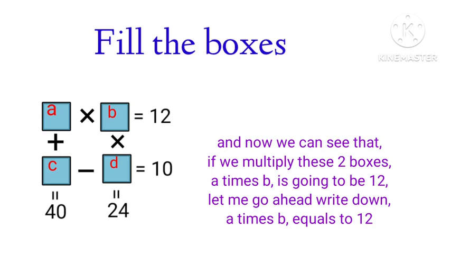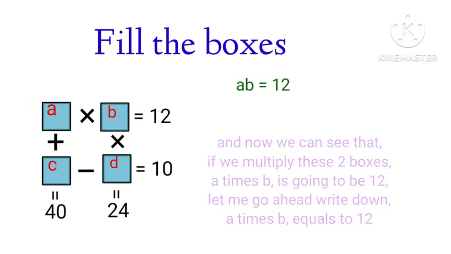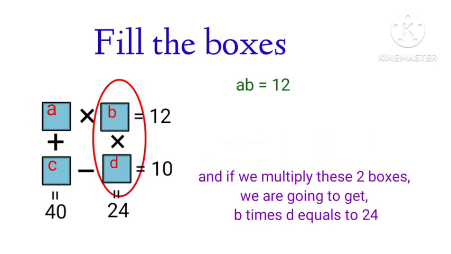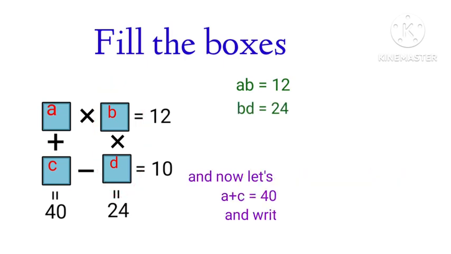Now we can see that if we multiply these 2 boxes, A times B is going to be 12. Let me write down, A times B equals 12. And if we multiply these 2 boxes, we get B times D equals 24.